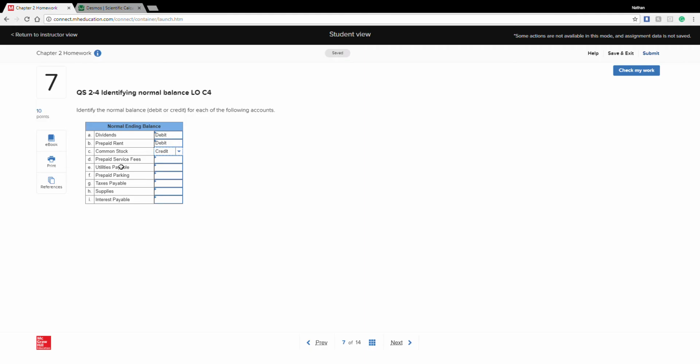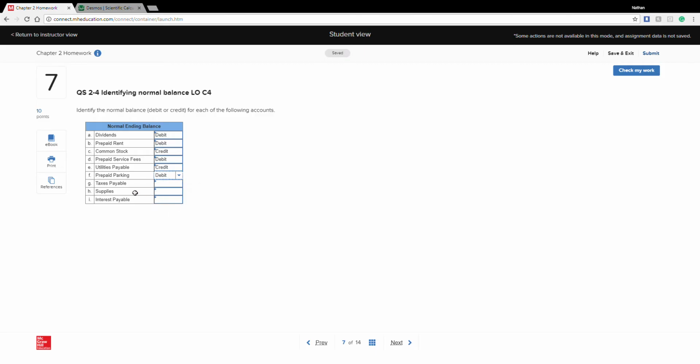Here's another prepaid. Avoid falling in the trap of the fees because it's, again, prepaid. So since it's prepaid, that follows the prepaid rent and the asset. Utilities payable. Again, we see payable. So that's a liability, and it's going to be naturally credited because it's part of LER. Prepaid parking.